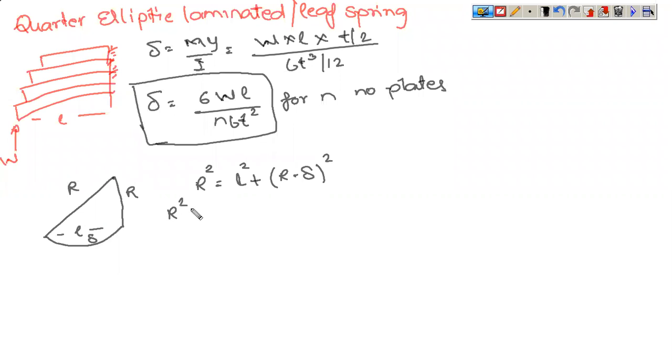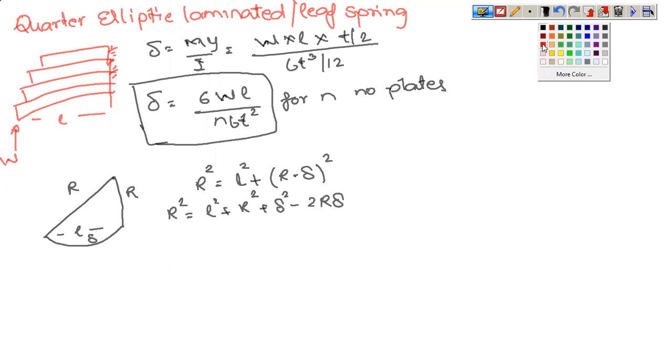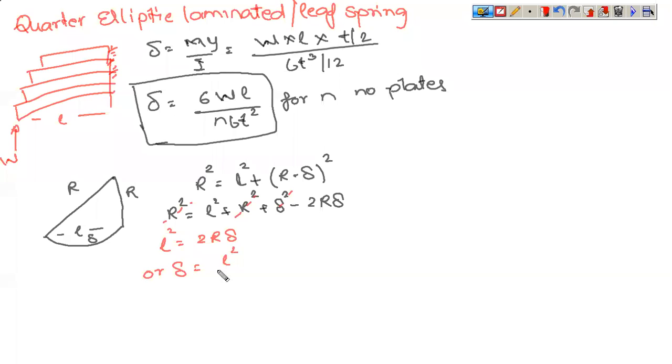So again you have R square is equal to L square plus R square plus delta square minus 2R delta. Now if you look here, R square and R square get cancelled out. Now delta is a very small quantity, so this is neglected. So you have L square is equal to 2R delta, or delta is equal to L square by 2R.